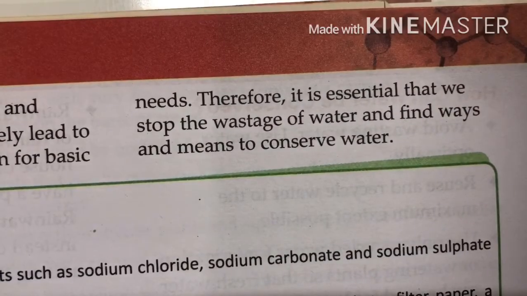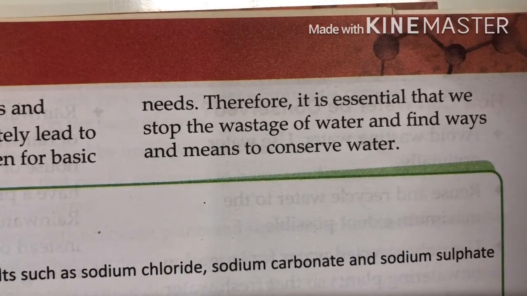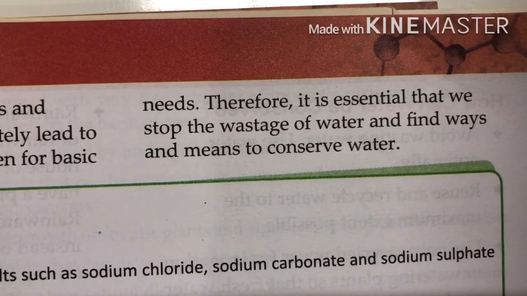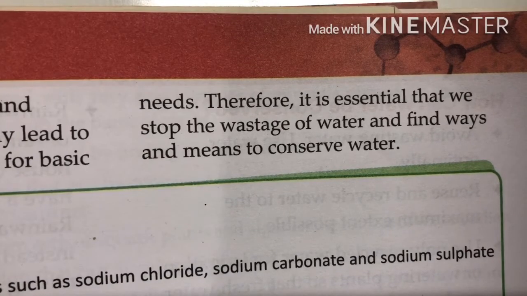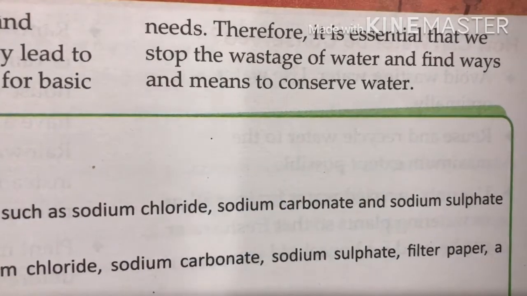Therefore it is essential that we stop the wastage of water and find ways and means to conserve water. It is our duty to conserve water for our next generation also. Otherwise they will suffer the shortage of water.